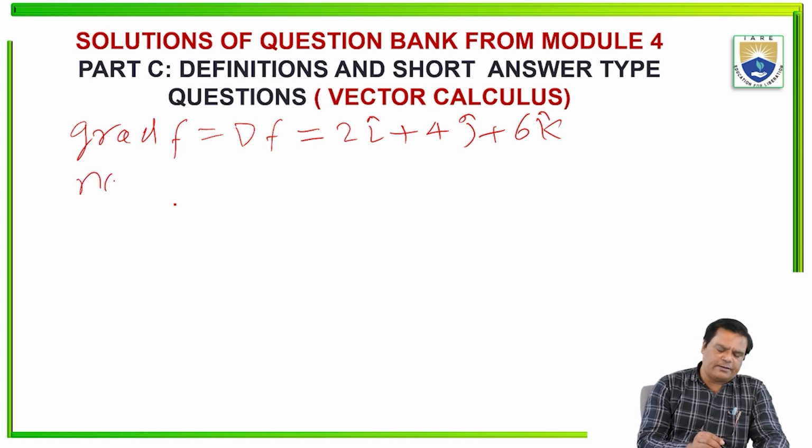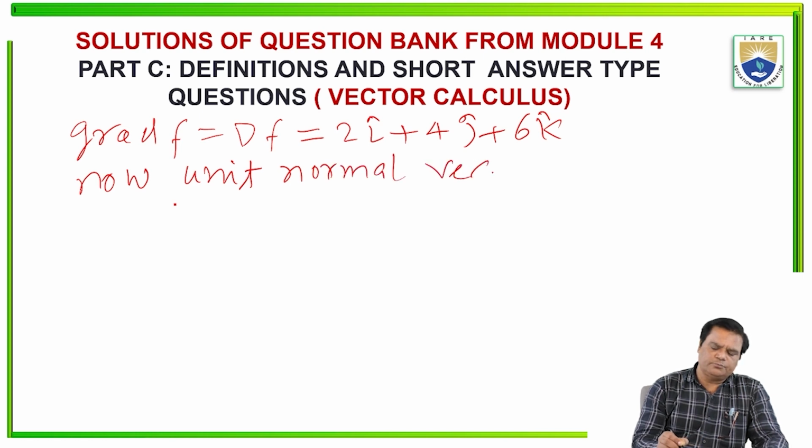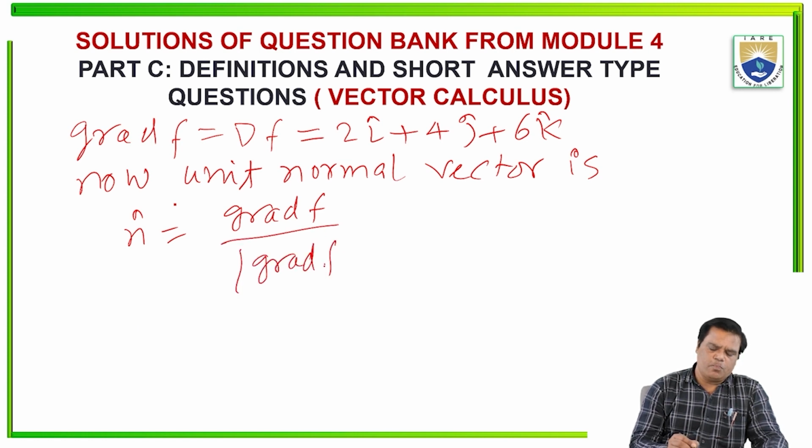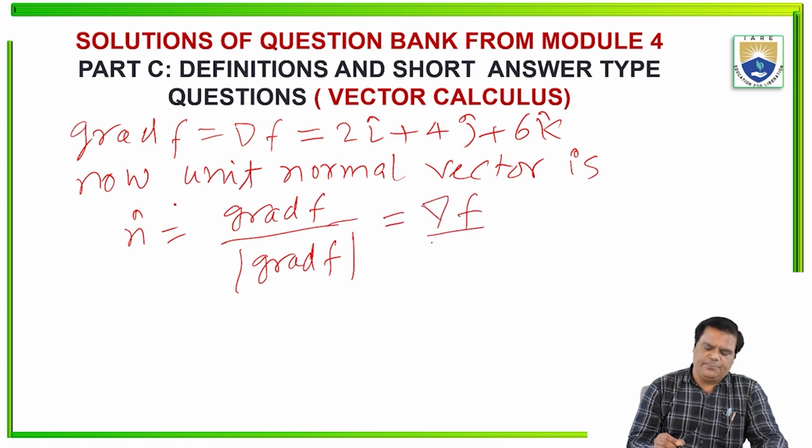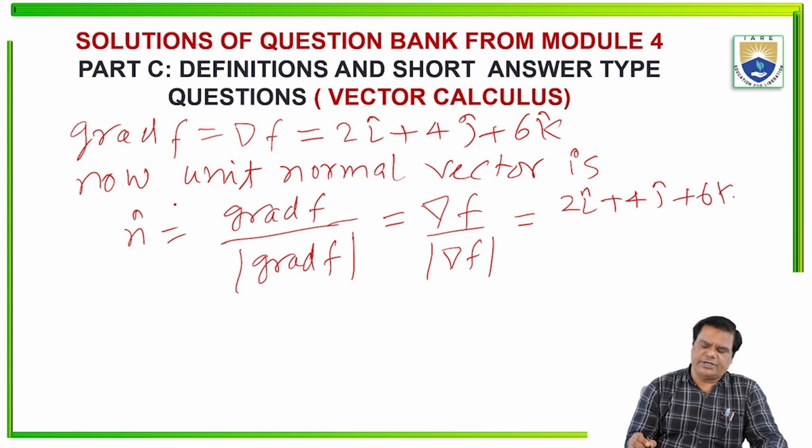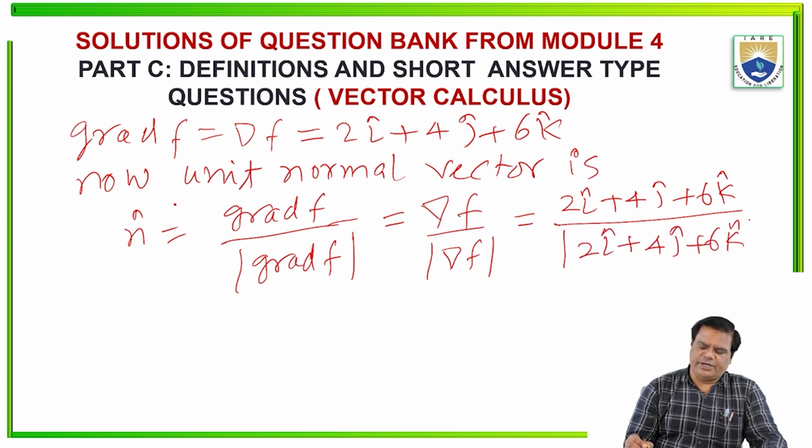Now the unit normal vector n cap equals grad f upon mod grad f, that is del f upon mod of del f. This equals 2i plus 4j plus 6k upon mod of 2i plus 4j plus 6k.